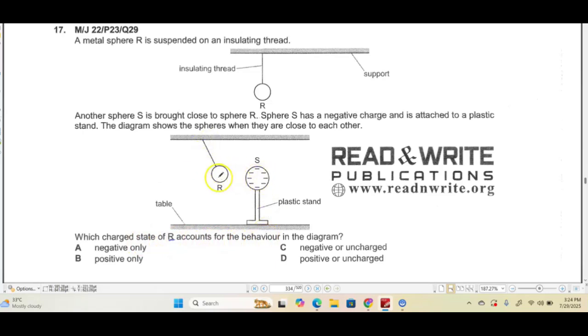Now, S is negatively charged, and the sphere R is being attracted to the sphere S. So, this means R is going to be positive charge because opposite charges attract each other. If this was negative as well, this would have gone into repulsion. So, you understood that this would be positively charged. So, which charge state would R account for the behavior?